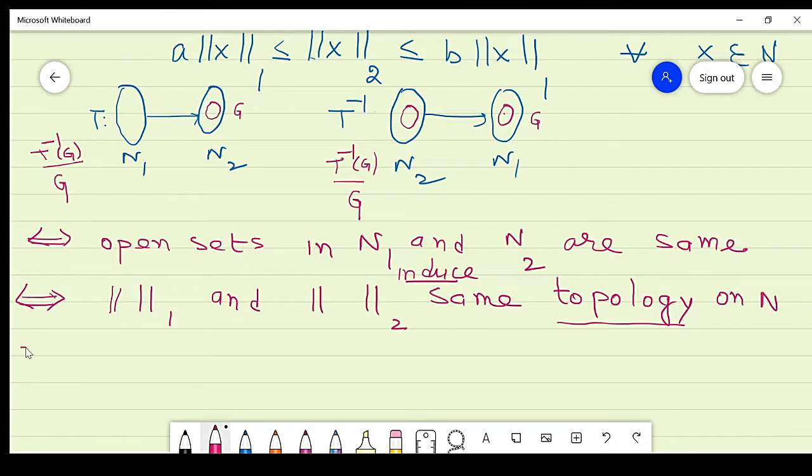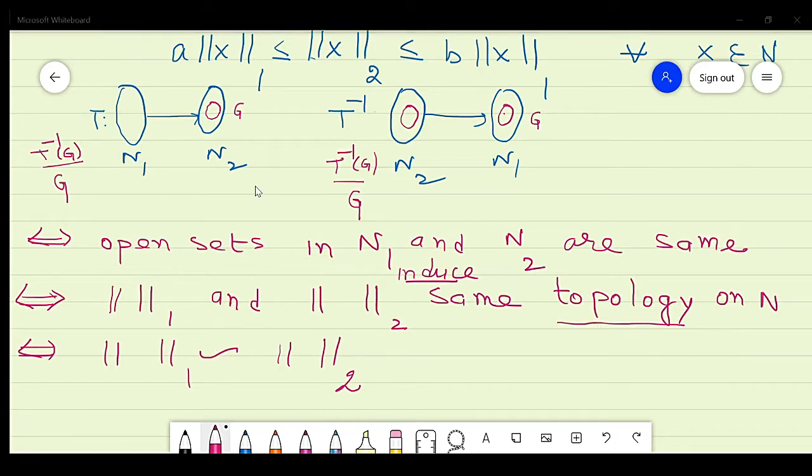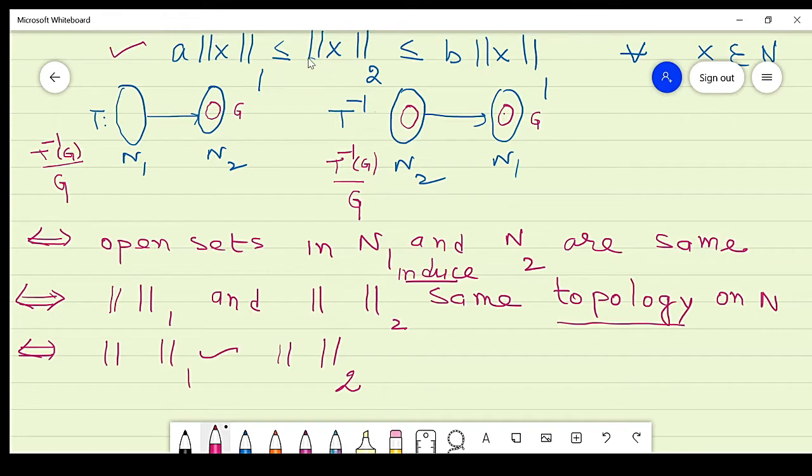So these are the definition of equivalent norm. If norm 1 and norm 2 induce the same topology, then these norms are equivalent, clear? So if norm 1 and norm 2 are equivalent, they induce the same topology on N, number one, and they satisfy this condition, A norm of x1 less than or equal to norm of x2 less than or equal to B norm of x1, clear?